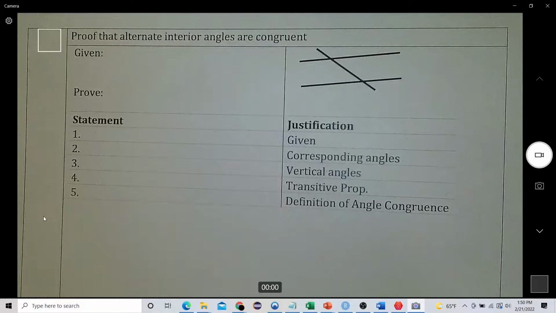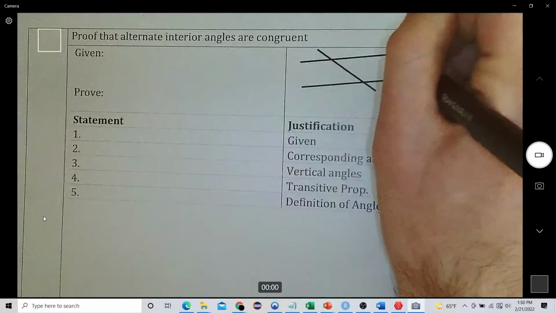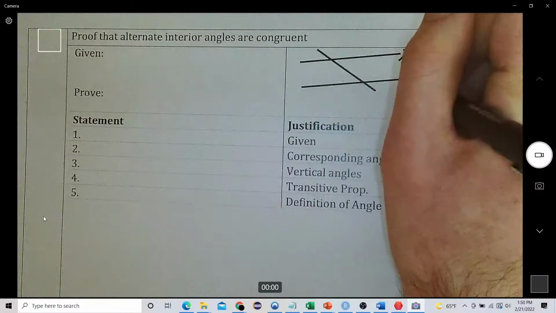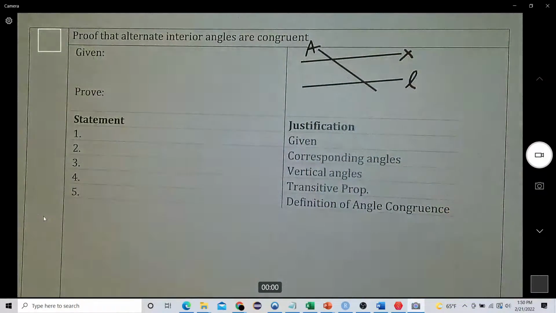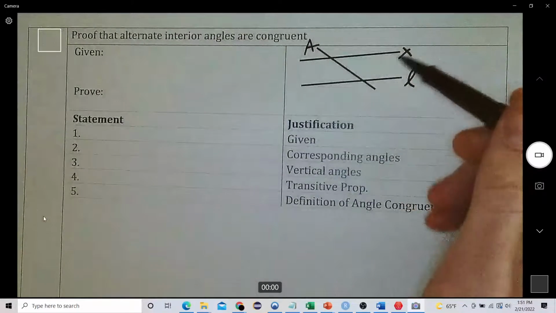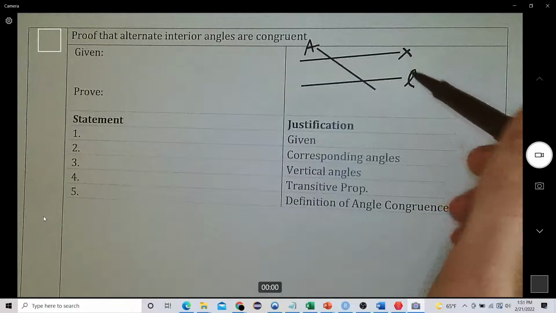X. You want to label it X? What do you think? L. L? All right, X, L, and A. Those are the suggestions so far. All right. Who said A? So we have line X, we have line L, and we have line A.